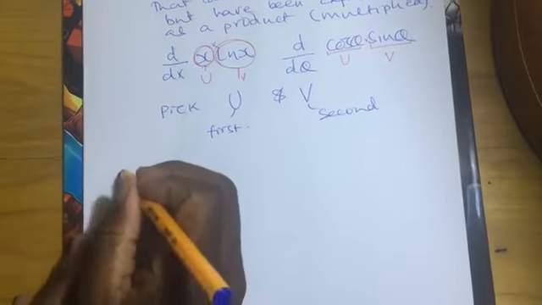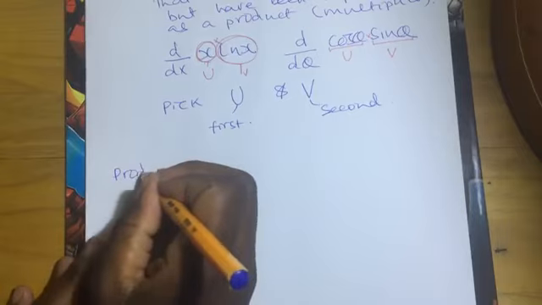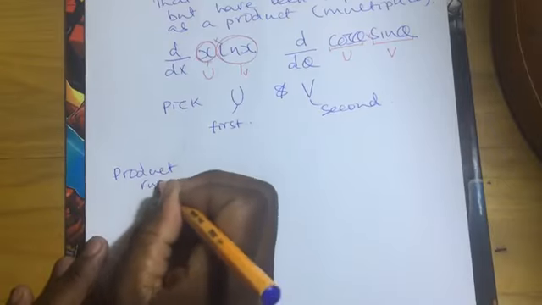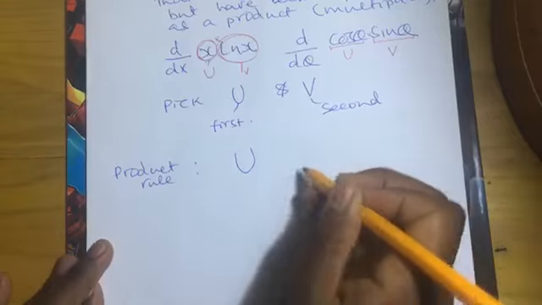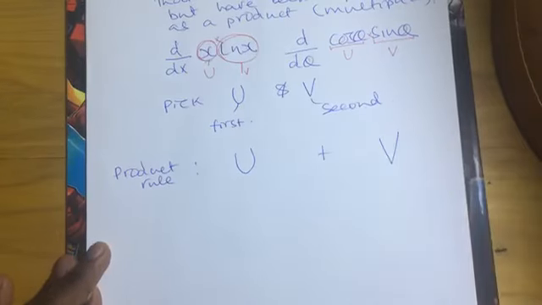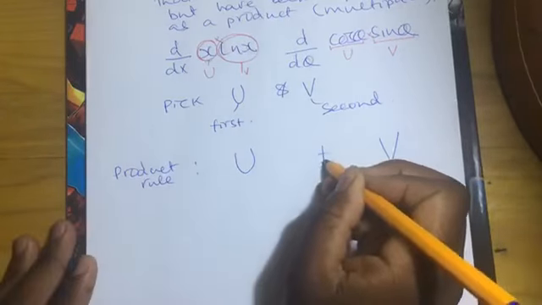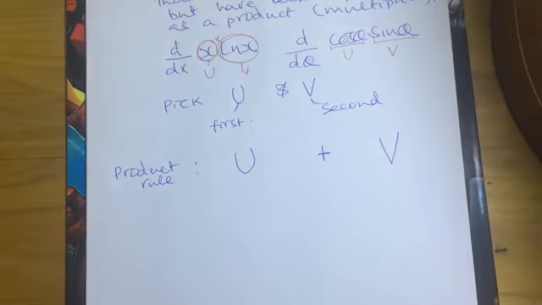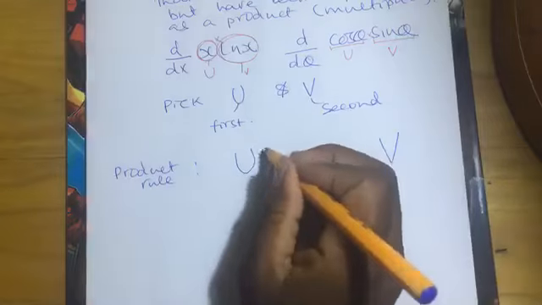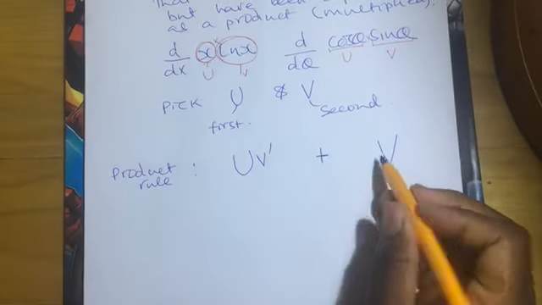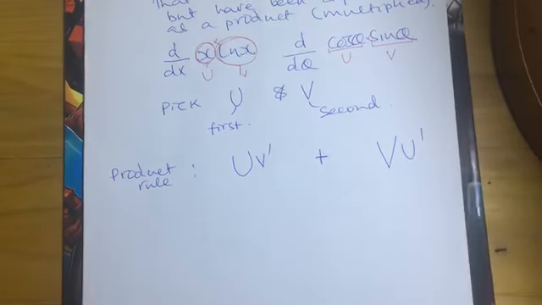So the formula for the product rule. Product rule. So product rule is going to be, you write your u plus and then you write your v. The order doesn't really matter because you are adding them. Addition is commutative. When you write your u, you are going to put v prime. When you write your v, you are going to put u prime.